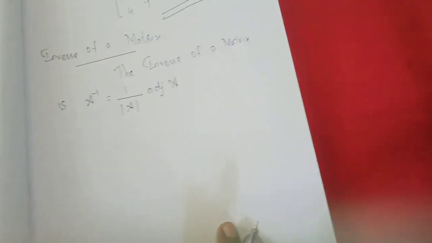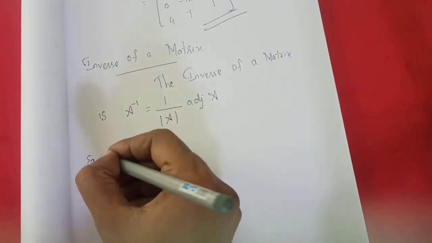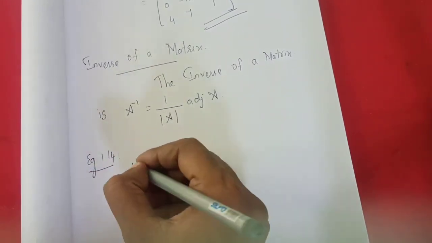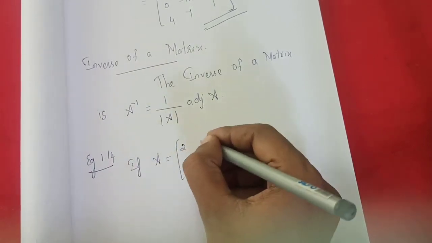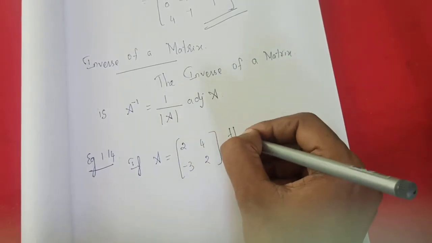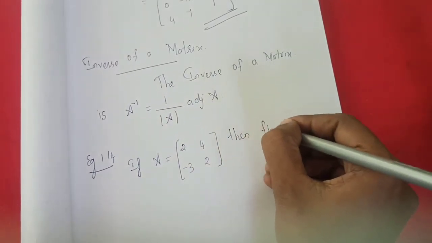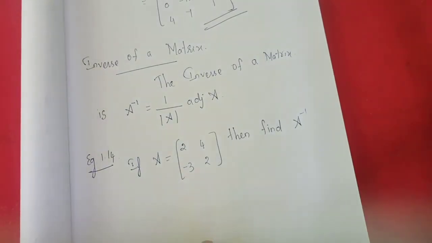Shall we do one problem? Example 1.14. If A is equal to 2, 4, minus 3, 2, then find A inverse. For that, keep in mind: if the determinant of A is equal to 0, we can stop there.